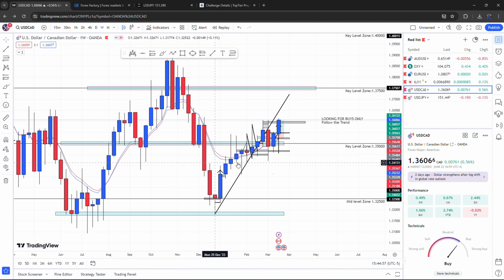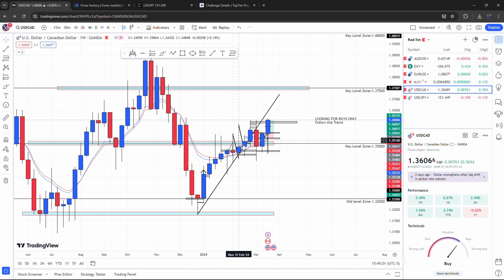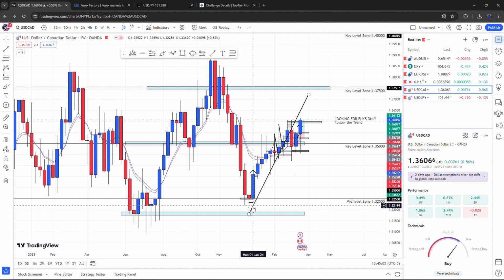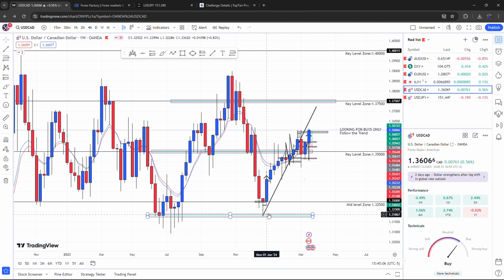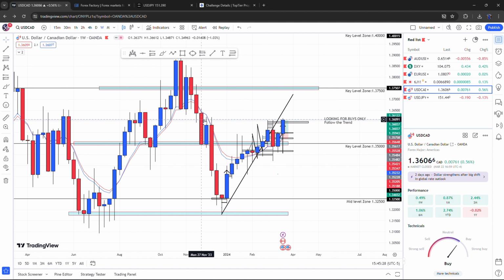Okay, so now coming to the charts, as you can see here, we still have bullish momentum, as there's not much that could stop USDCAD from reaching this key quarter level of 1.375, and I anticipate it getting to this level because we're very close to passing this resistance, and we were able to get a close above these wicks, meaning I'm looking for buys.